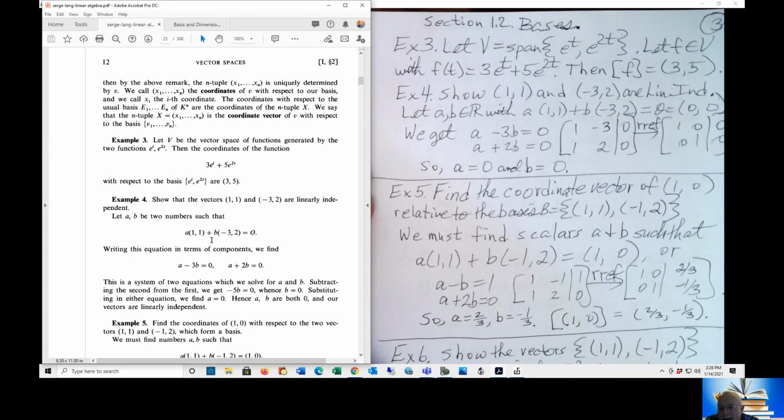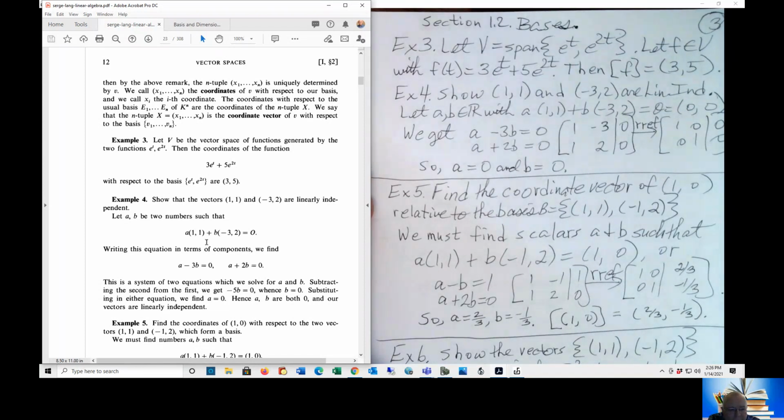Let f be a function in this function space with f of t equal 3e to the t plus 5e to the 2t. Then the coordinate vector of f relative to those two functions is simply the ordered pair 3, 5. Very simple, isn't it?